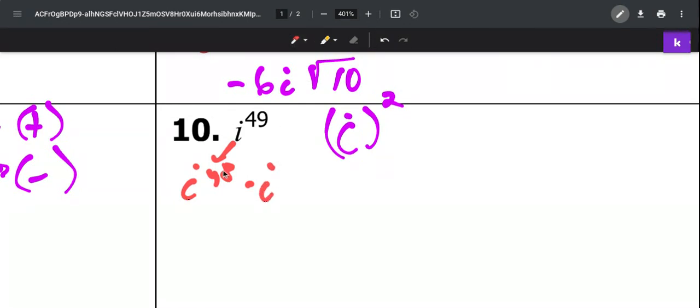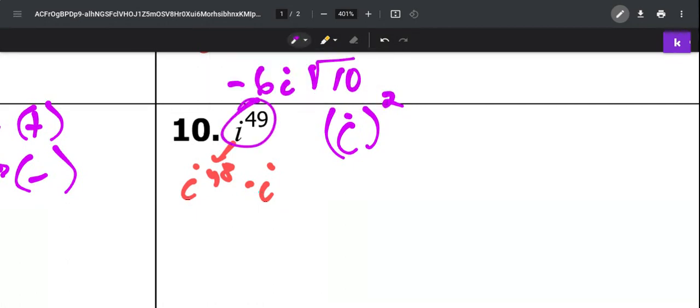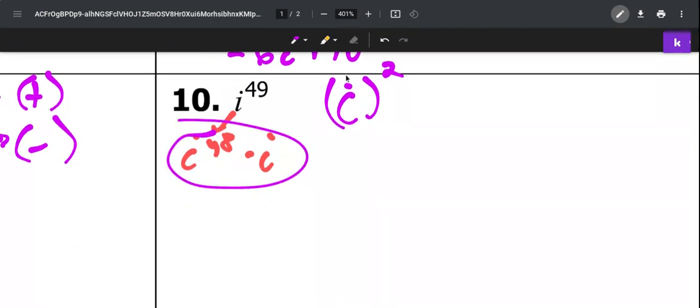Because what we do is we take out one of these i's that's an exponent, we put it over here, but we need to always make sure we can go in reverse and get back to i to the 49th. And in this case, if we took this and multiplied it, we would add the exponents. There's an understood exponent of 1 right here, so we would get back to 49.